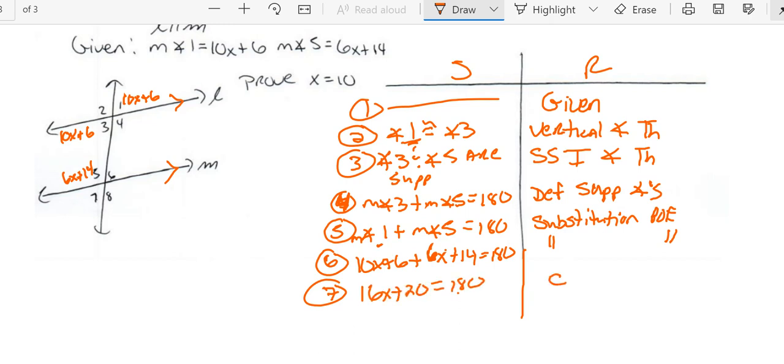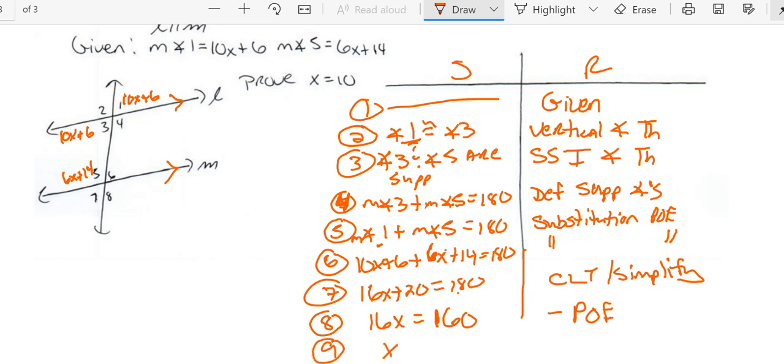Combine like terms, simplify. 8. Subtraction property of equality. And last step, number 9. x is 10, division property of equality.